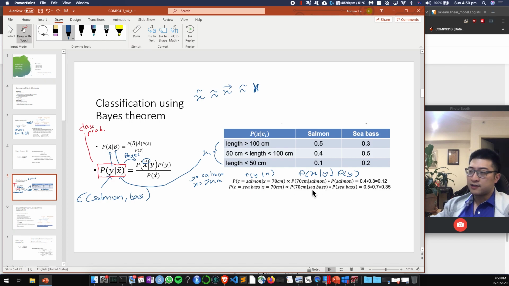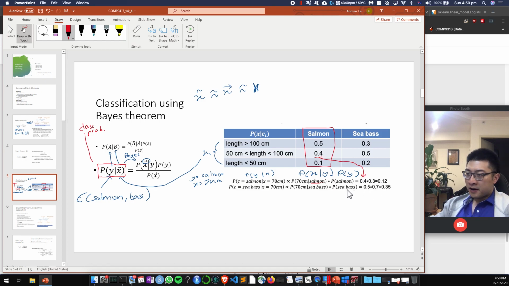We estimate it by looking at the data and seeing historically or empirically what has happened. So given it's salmon, that means we only care about here. Given it's salmon, what is the probability of the length being 70 centimeters? And we have our table here. That's this, isn't it? So this is a 0.4. So this 0.4 will flow into here.